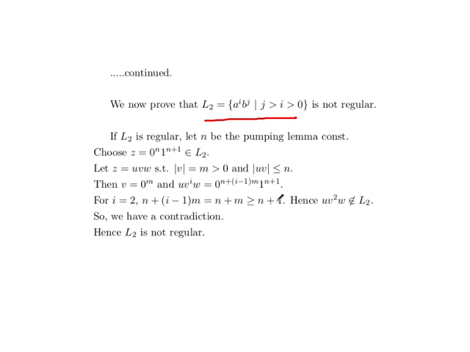The number of a's is then not less than the number of b's, so this string is not in L2. We have a contradiction, and so L2 is not regular. This completes the whole proof.